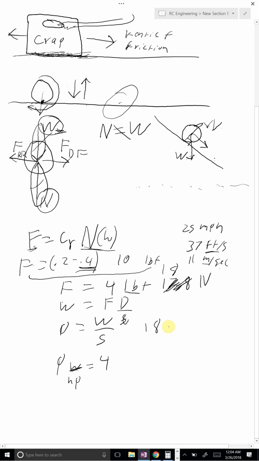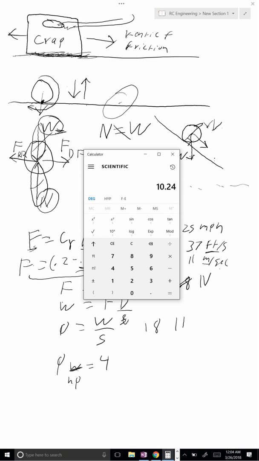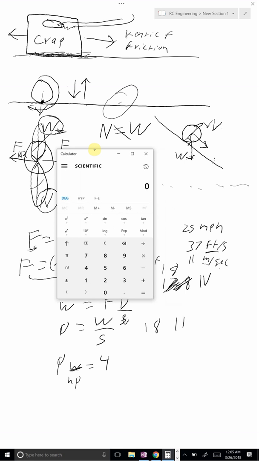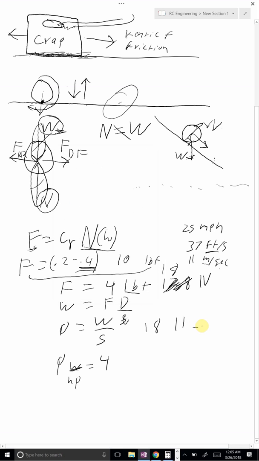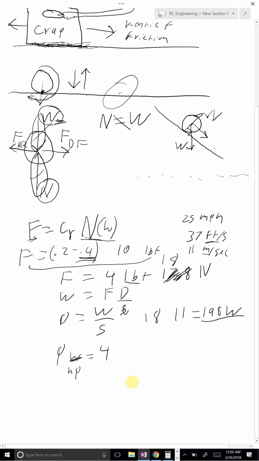So take 18 times 11. So that is a total of 198 watts that is counteracting.